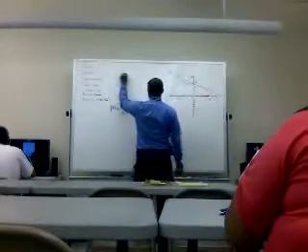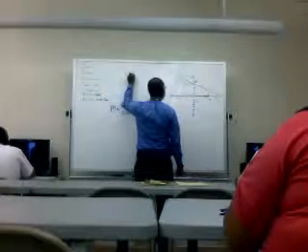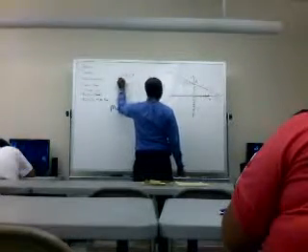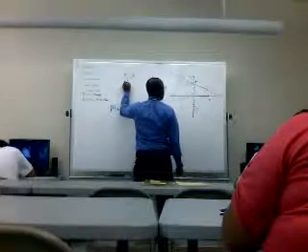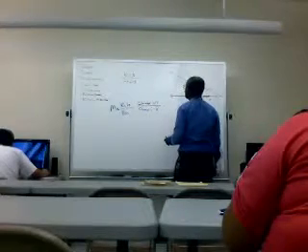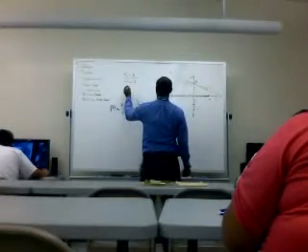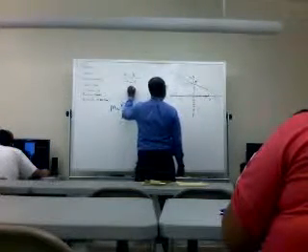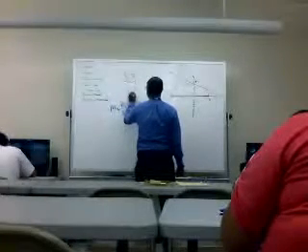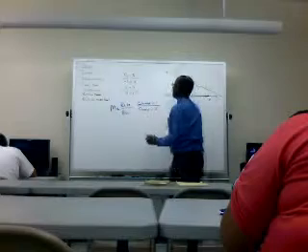So we say 5 minus 3 over -1 minus 4. Or we could have done it the other way: 3 minus 5 over 4 minus -1. Could have done it either way.